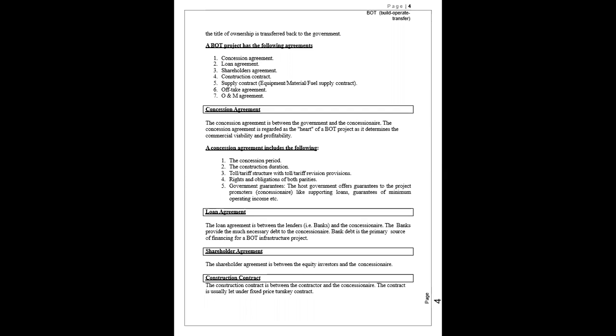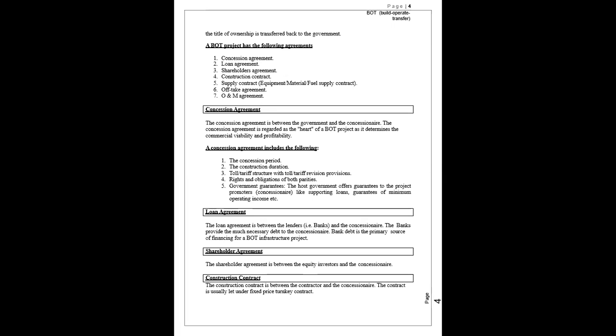Whatever loan amount is required for that project is provided by the bank, and the bank will make the agreement with the concessionaire company, and whatever supporting guarantee is required, that guarantee agreement is provided by the government.